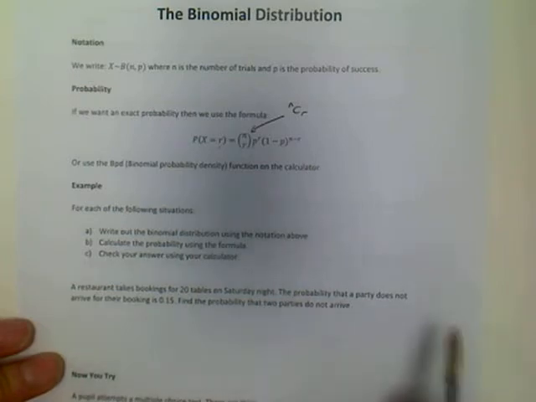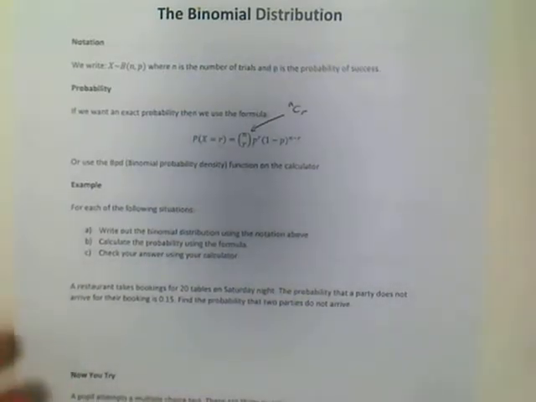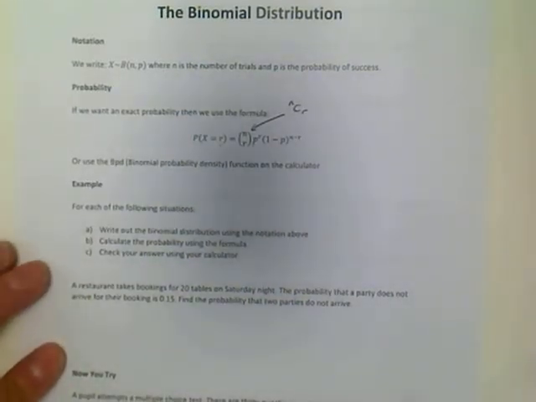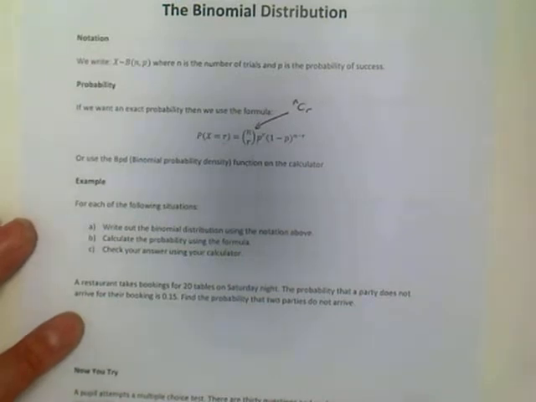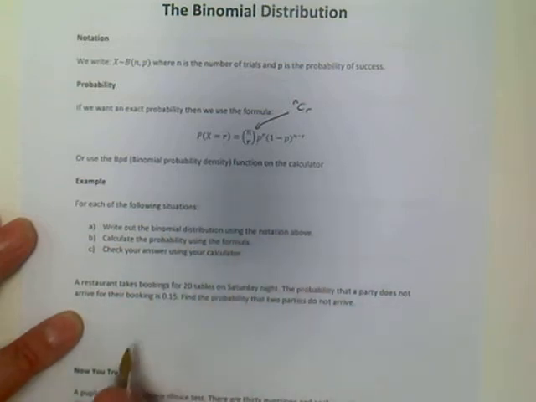Normally when you get a question of this type, it would say to assume that it's binomially distributed, but I'm going to assume that this is expecting a binomial distribution. Okay, so let's do part A. I want to write out the binomial distribution using the notation above.